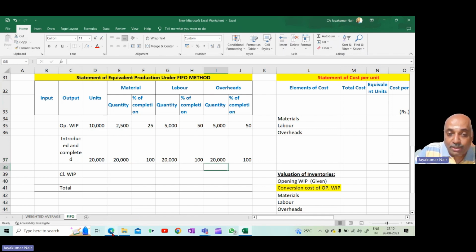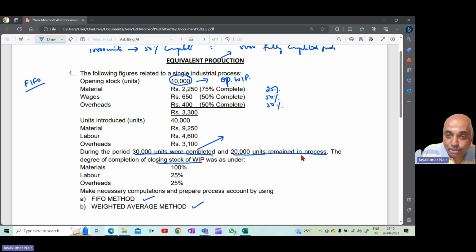Okay. Next, you have 20,000 units still remaining in the process. That means this is your closing work in progress. Closing work in progress is 20,000 units, and you have to see its percentage of completion. They have said materials 100%, labor 25%, and overheads 25%.